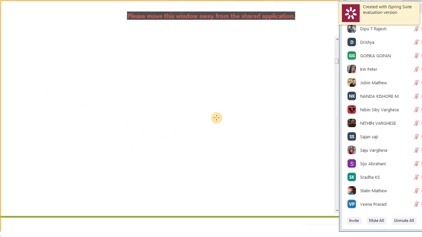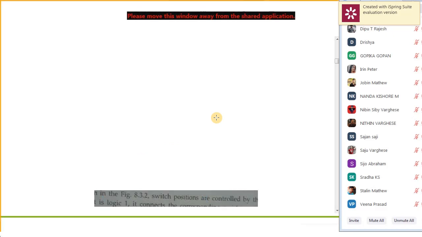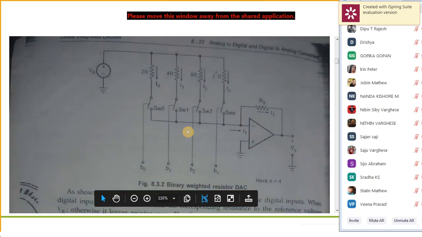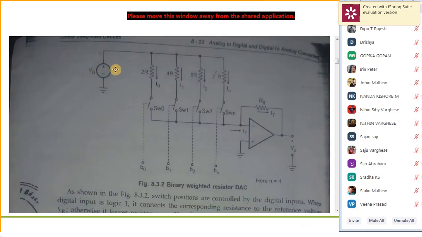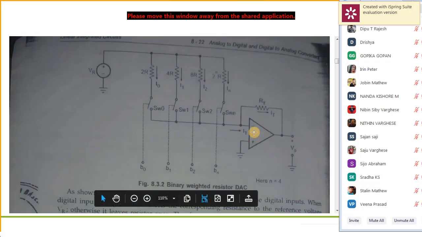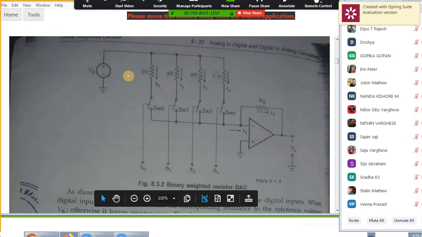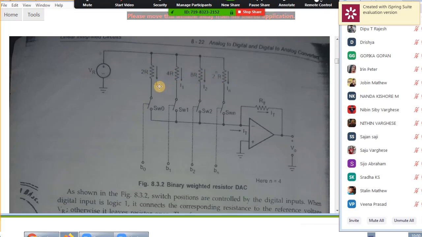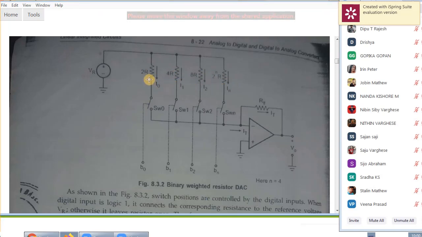So this is the circuit. This is the voltage source, this is the op-amp amplifier, and different values of resistors are connected. That is called weighted resistors.